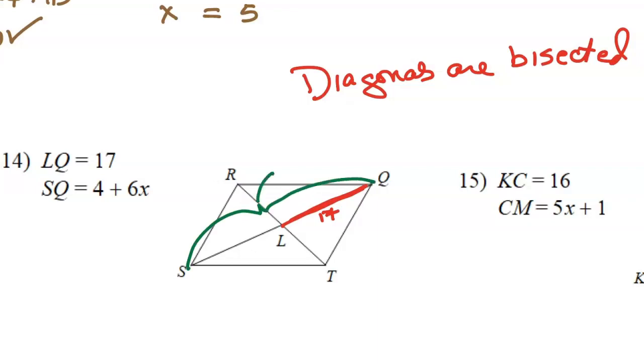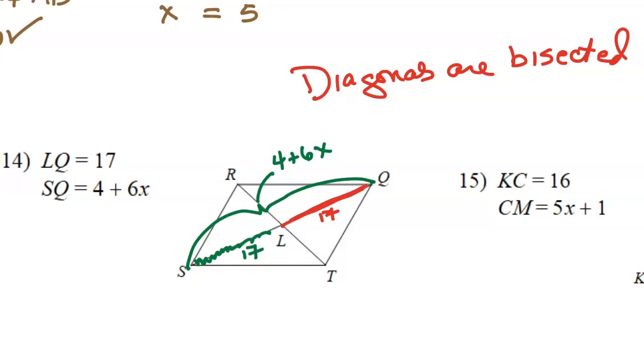SQ is 4 plus 6x. Okay, SQ is the whole thing. If LQ is 17, then that means what? That SL is also 17 because they're bisected.